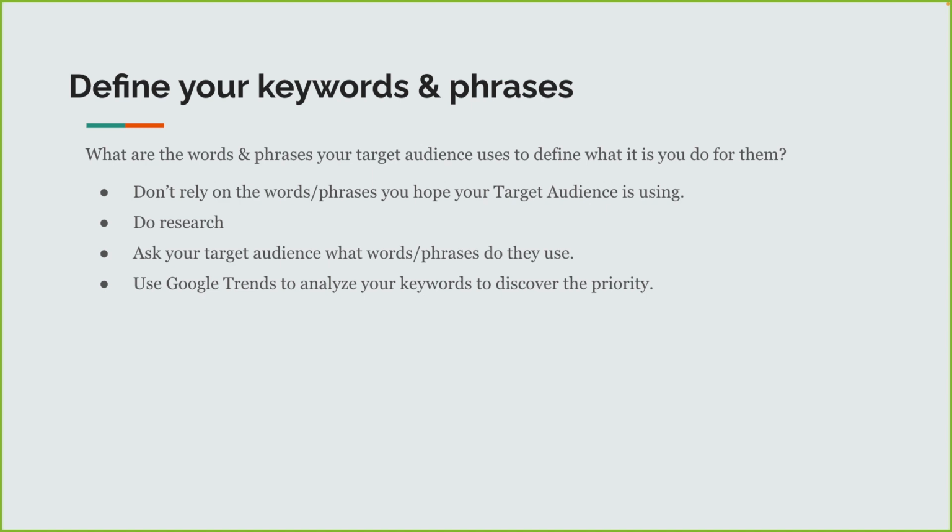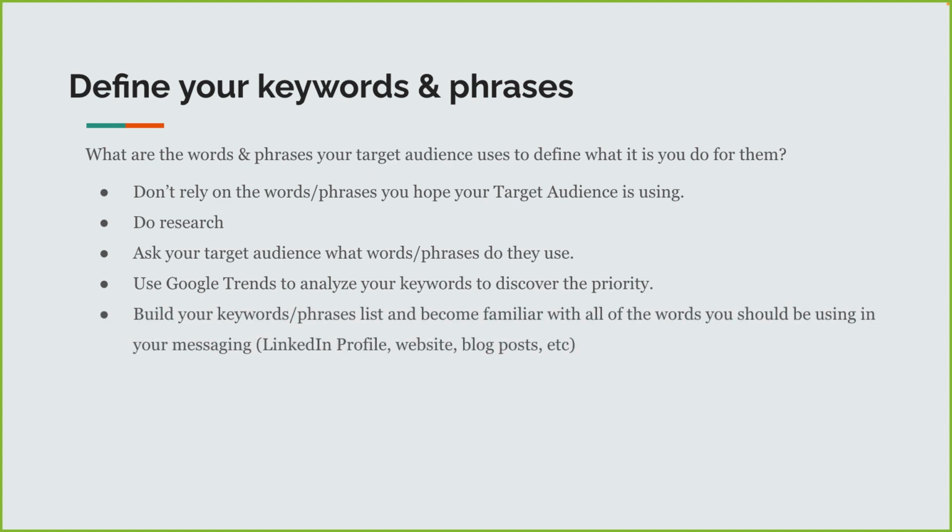It's a much more actively used keyword or phrase. Build your keywords and phrases. Prioritize them very deliberately. Become familiar with all the words they're using, and then begin using them throughout everything you do on LinkedIn, including your profile, including your messaging, your emails if you're using emails, etc., and on your website, your blog posts, etc.